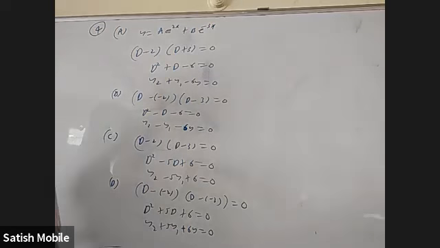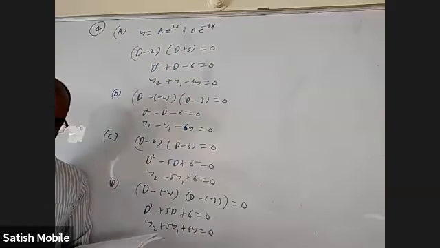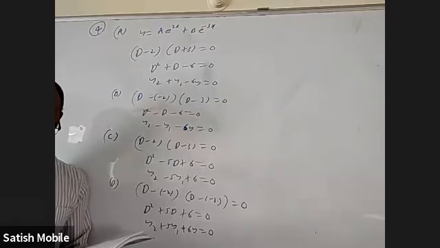In fifth matching, you have to take column 1. From that, you'll get a differential equation. Solve that, you'll get some family of curves.